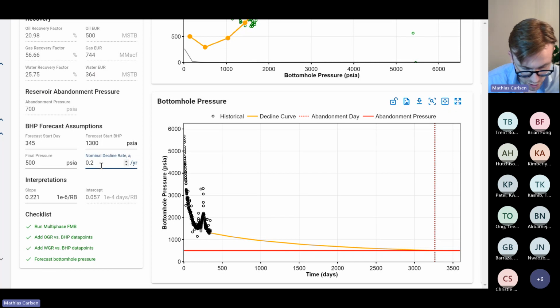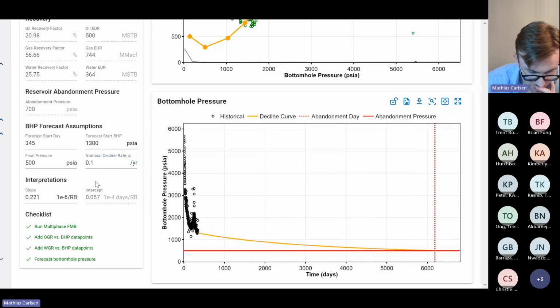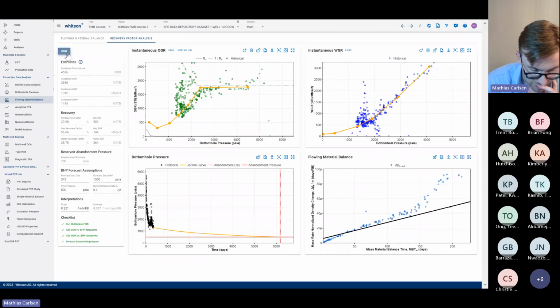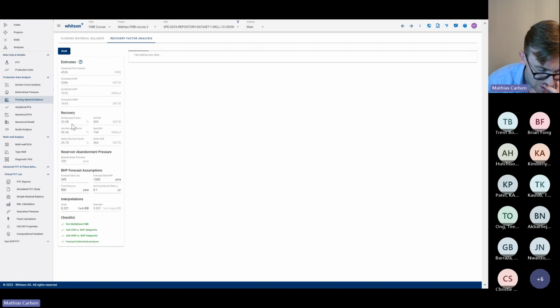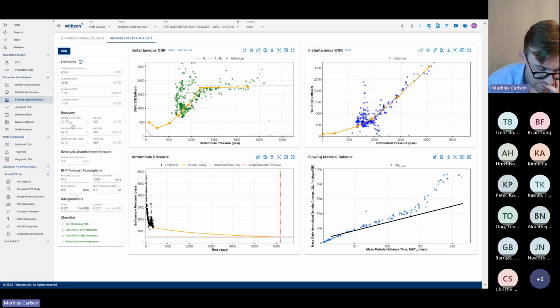And then you can also change the nominal decline rate here to something either less or more aggressive. And then once you've done that and recalculate, I lower the abandonment pressure. That will increase my EURs and my recovery factors by a little bit. Maybe I get that additional percent that I'm looking for. Yeah, a couple of percent. And I lowered the abandonment pressure by 200 psi.